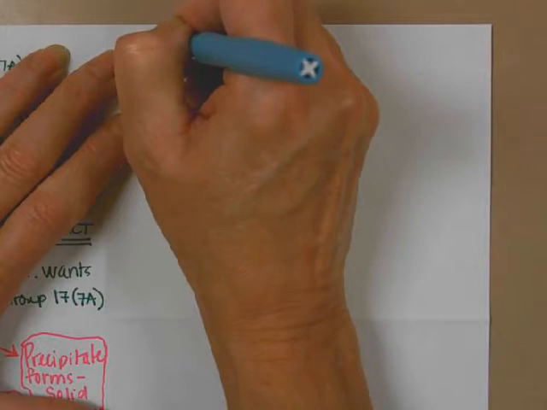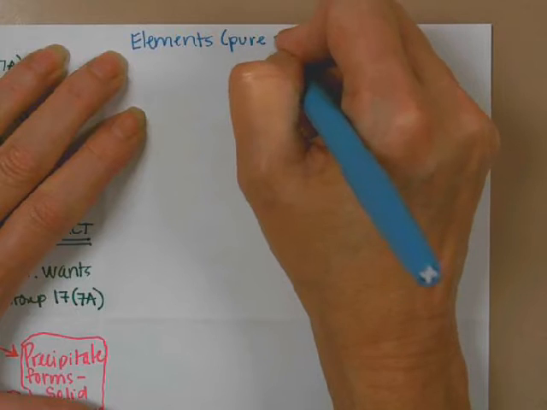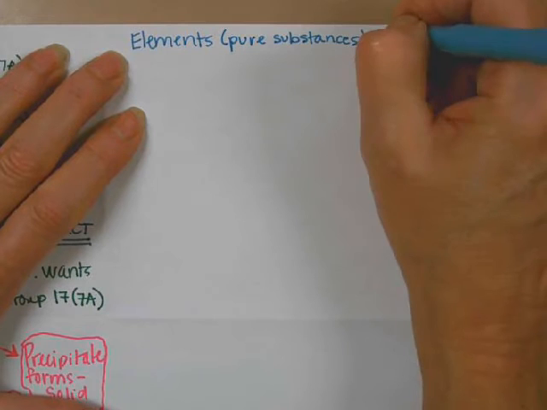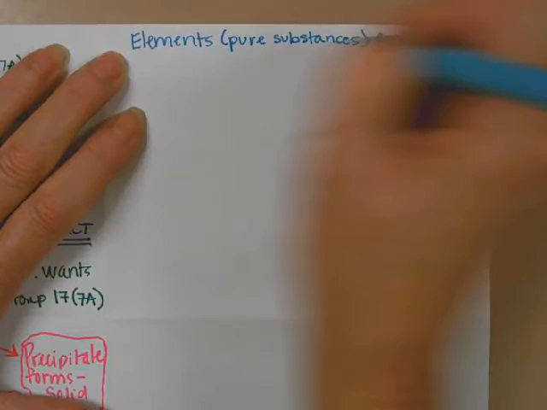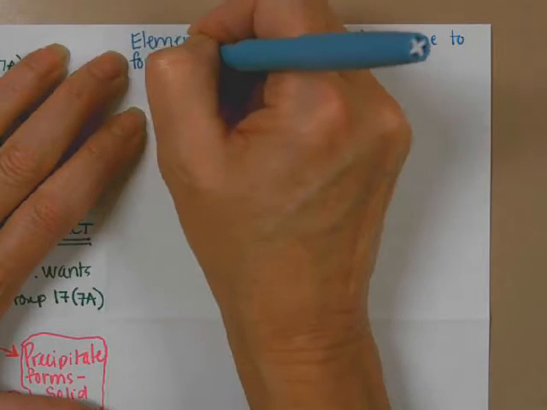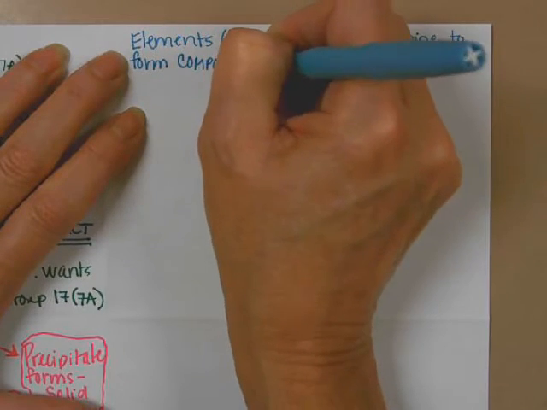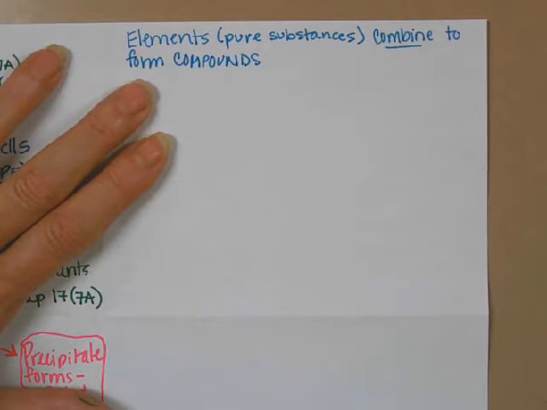Elements, remember those are the pure substances on the periodic table, combine to form compounds. Sometimes we call the compounds molecules, because molecules are any two elements in combination, whereas a compound literally has to be two or more different elements in combination.